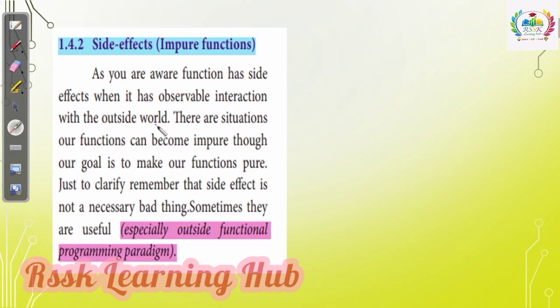Only then can you find whether the function is pure or impure. In this situation, you have to make the function a pure function. You just have to remember one thing: a side effect is not necessarily a bad thing. You can make something useful based on the feedback, that is the side effect you may get.